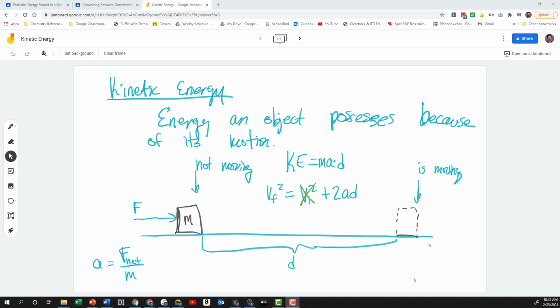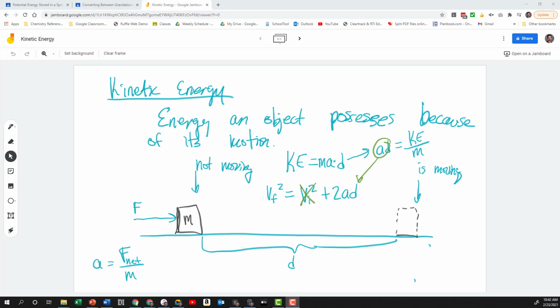Notice up here, we can change this to be ad equals KE divided by m, right? Everyone following me? This is just pure algebra right now. I'm going to replace this ad with KE over m.